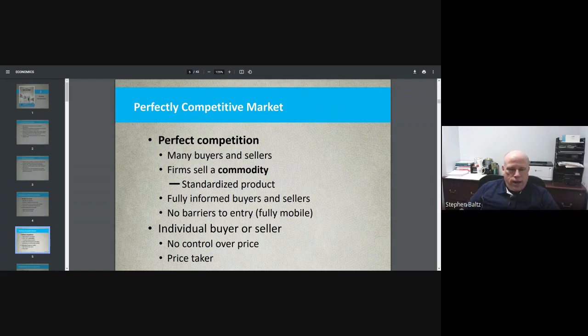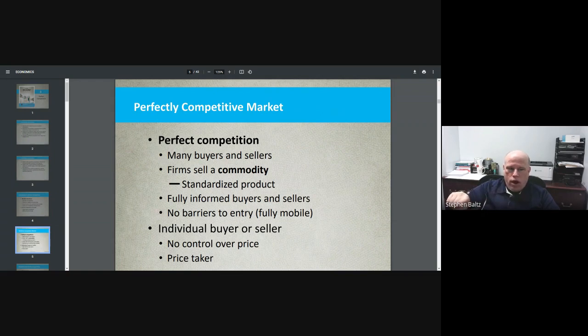Okay. All right. Also, in perfect competition, each individual buyer or seller has no control over the price. They have to take whatever the market price is. They face a perfectly elastic demand curve for their product.